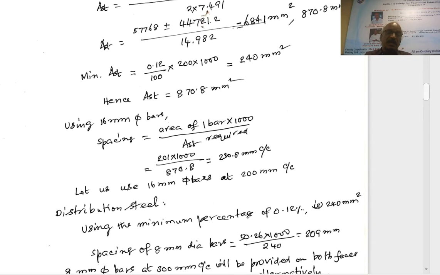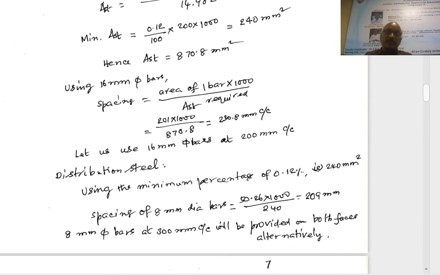We'll discuss. Coming to distribution steel, we'll use minimum percentage. Minimum is 240 mm square, just now we have got it. When we use 8 mm diameter bars, spacing equal to 209. We are going to provide distribution steel on both sides, so we will provide at 150 mm spacing.